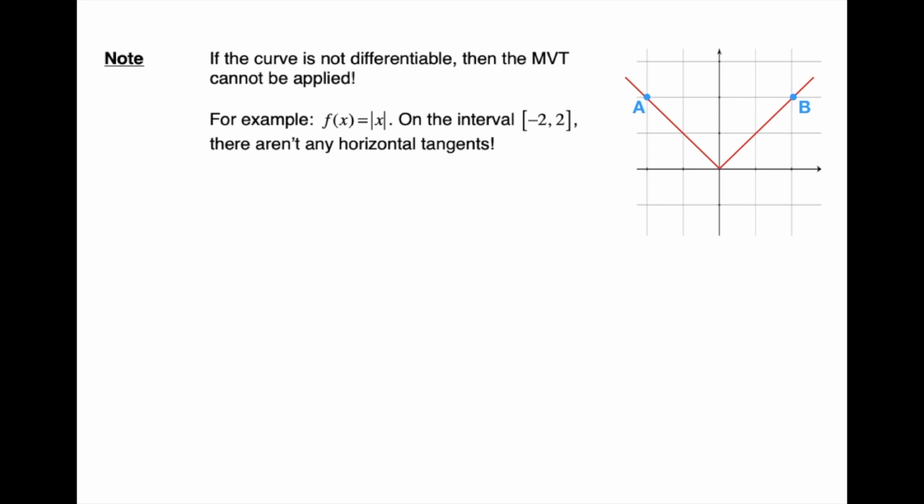We can draw the secant line, and now if we're looking for a tangent line that's parallel to that, well, we will fail to find one. And why is that? Because there is a sharp turn here. So the function f of x equals absolute value of x is not differentiable, and if that's the case, you cannot apply the MVT, and you cannot conclude using the MVT that there would be a tangent line.